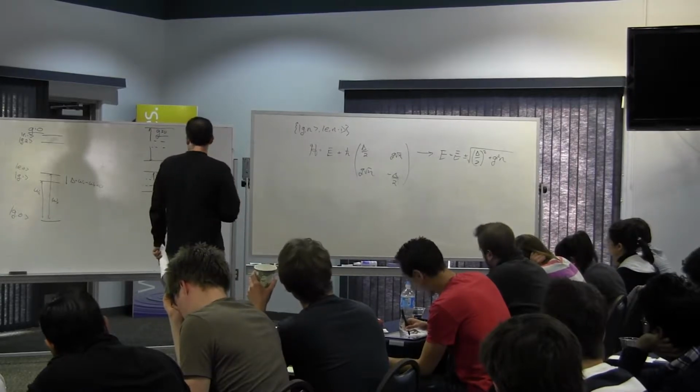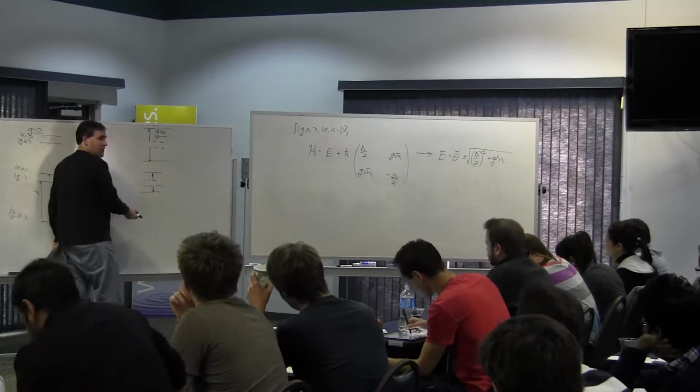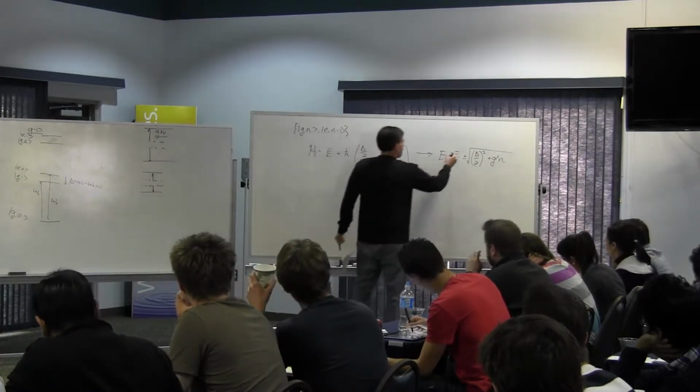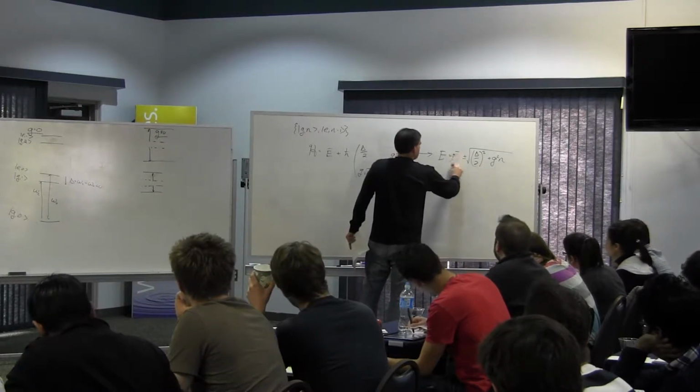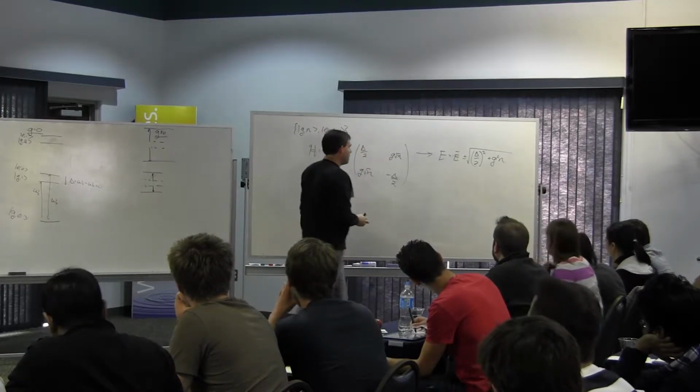Okay, so let's focus on the shift that we have from the value of these states where g equals 0. So I just have to look at the difference of these energies where g equals 0 versus not 0. And we get the following.